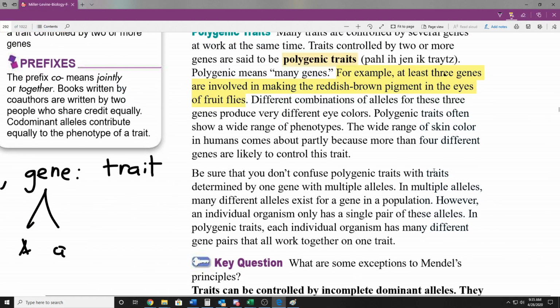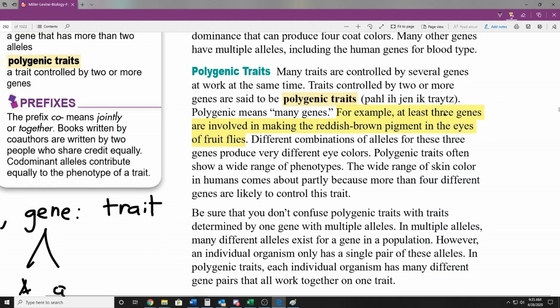And humans have many polygenic traits, first and foremost being eye color and skin color. Skin color is controlled by 4 different genes.